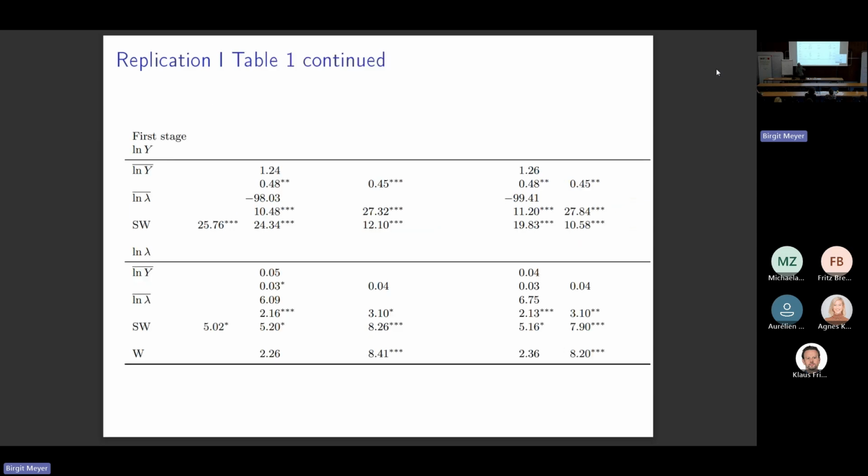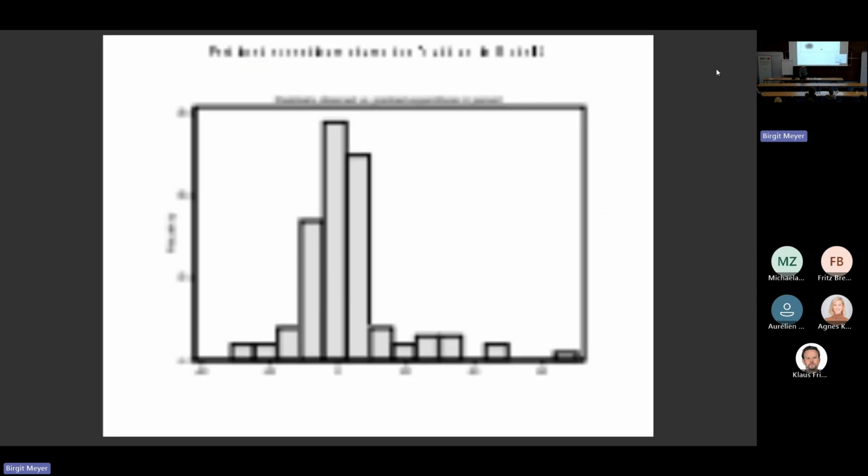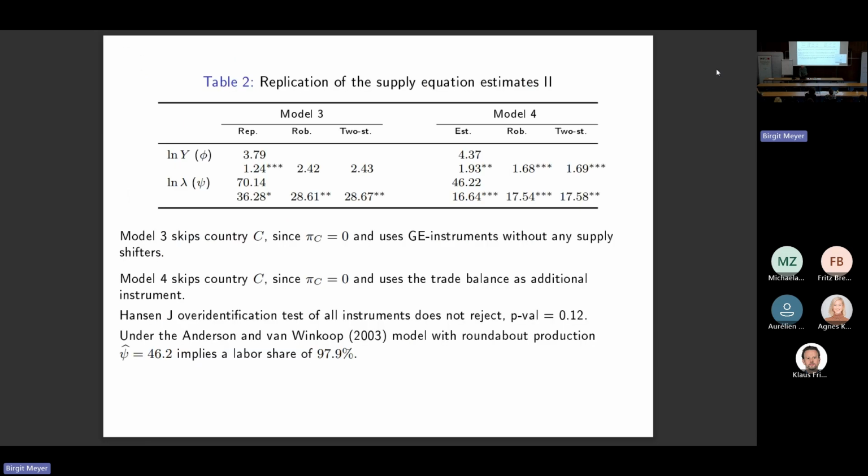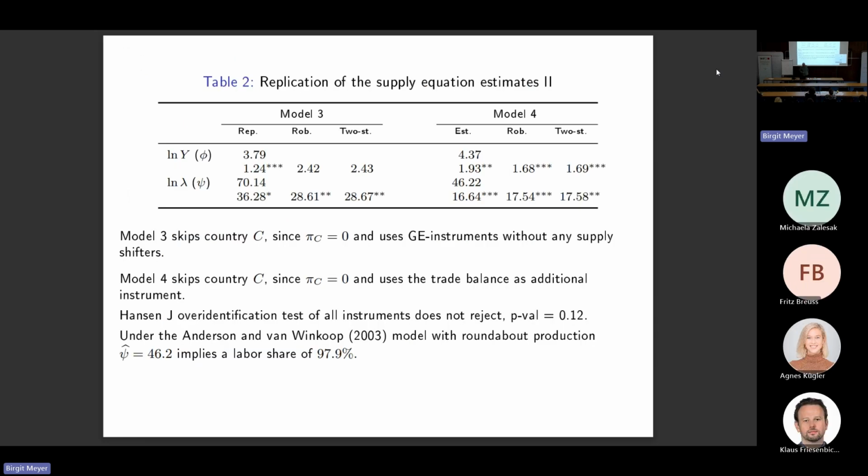I checked the first stage. Don't want to say too much about that. It turns out, if you look at the second equation for the lambda, you see one instrument is weak. And then I did the same with the third instrument, and you see it is more precise. This is smaller.